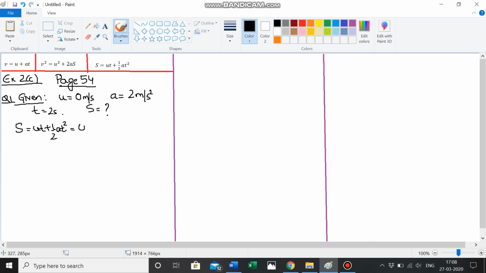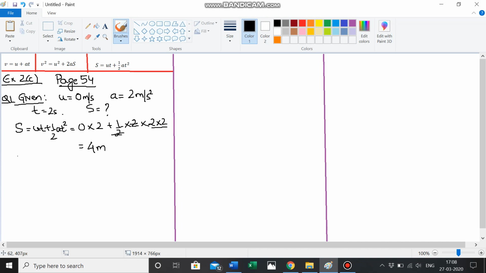U is 0 multiplied by time 2, plus half into acceleration, which is 2, multiplied with time square, which is 2 into 2, which is 4. So the 2 and the half cancel, and 0 into 2 is 0. This is 4 meter. Easy? Yeah, I guess it's very easy.